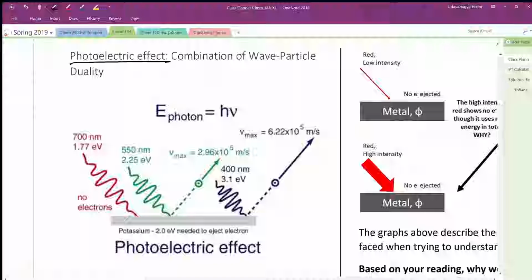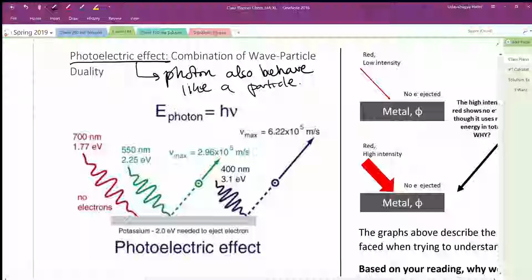Now, in terms of the photoelectric effect, I'm just going to summarize it. The contribution is two things: the energy of a photon is related to its wavelength and frequency, so that's one. But the second one is that photons also behave like a particle.